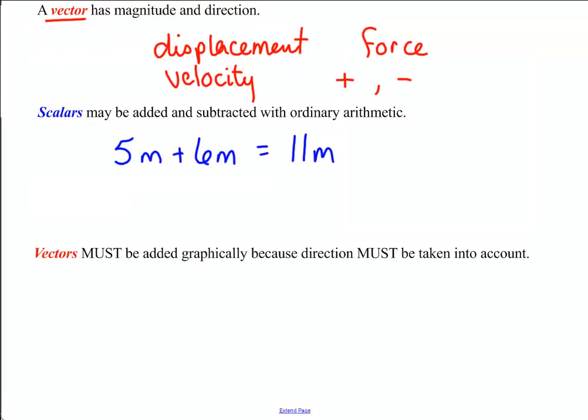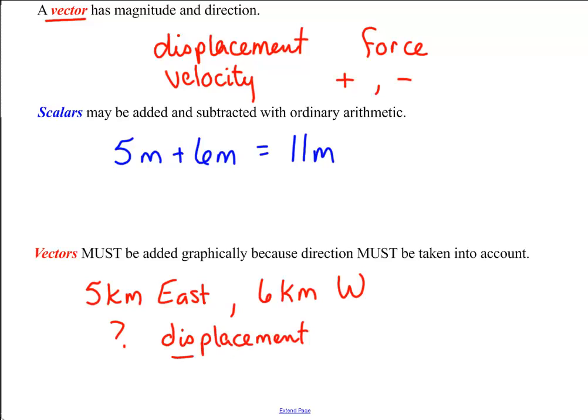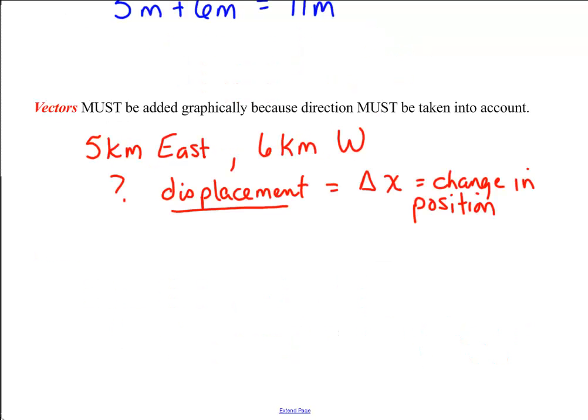If I take a look at an example where I have 5 kilometers to the east that is traveled first, then I travel 6 kilometers to the west. What I want to know is displacement. And the definition for displacement is change in position. Change in position is where did I start, where did I end, what is the distance between those 2 points.